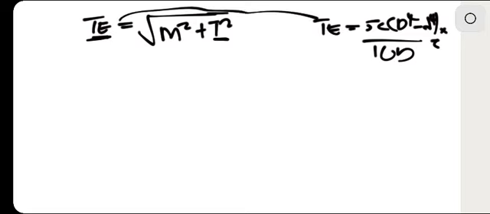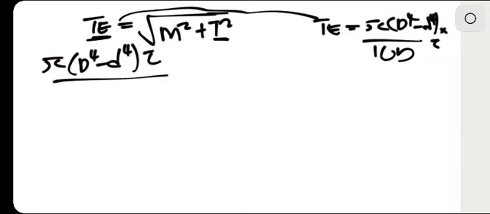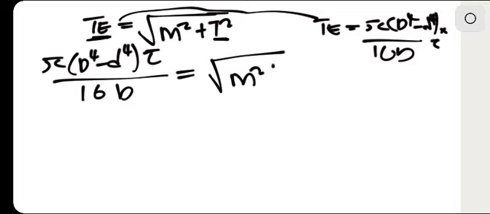This will be pi times (D to the power 4 minus d to the power 4) multiplied by the shear stress, divided by 16D. It's equal to the square root of M squared plus T squared.